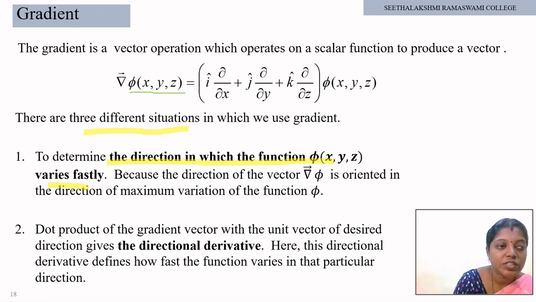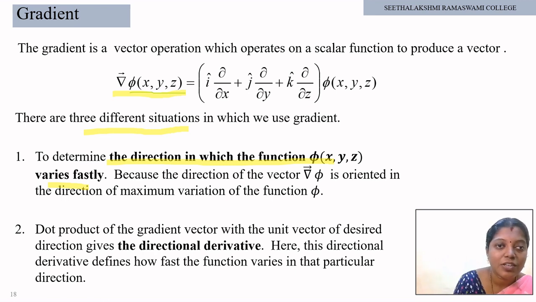That is, when you take del phi dot product with the considered direction. For example, if I want to find the variation of phi in a particular direction, then you have to find the unit vector along your concerned direction, and take the dot product of the unit vector with del phi, and you will get a directional derivative.